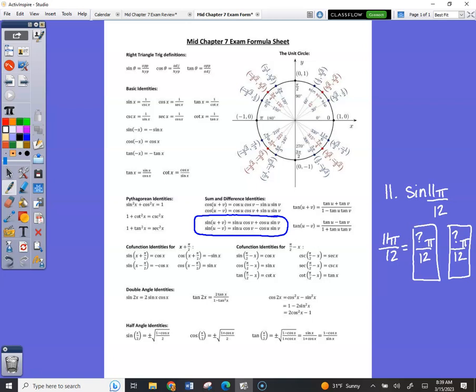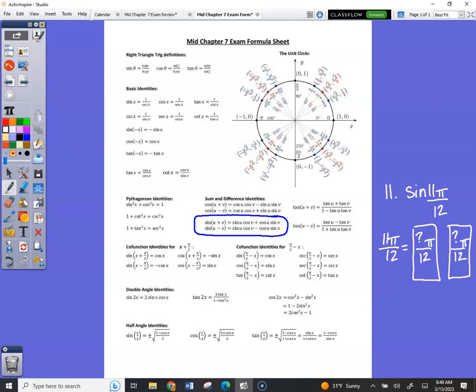And we want these fractions that we end up with to reduce to fractions that appear on the unit circle, which means we're playing with 6, 4, 3, or 2. Those are all the possible denominators. So you want to use numbers with 12 that reduce to those.